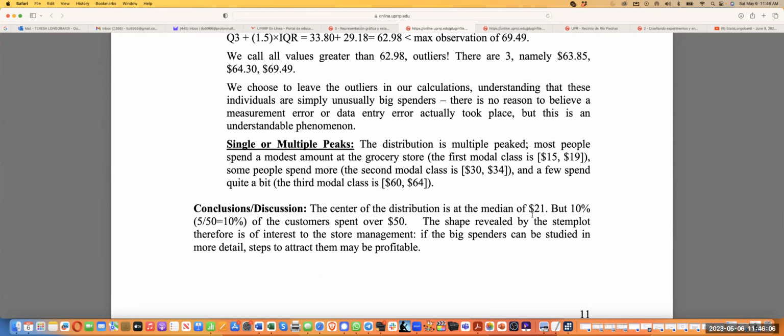I just rounded to dollars. But 10% of the customers spent over $50 each. The shape revealed by the stem plot, therefore, is of interest to the store manager. If the big spenders can be studied in more detail, steps to attract them may be profitable. So that's my conclusion, my discussion.